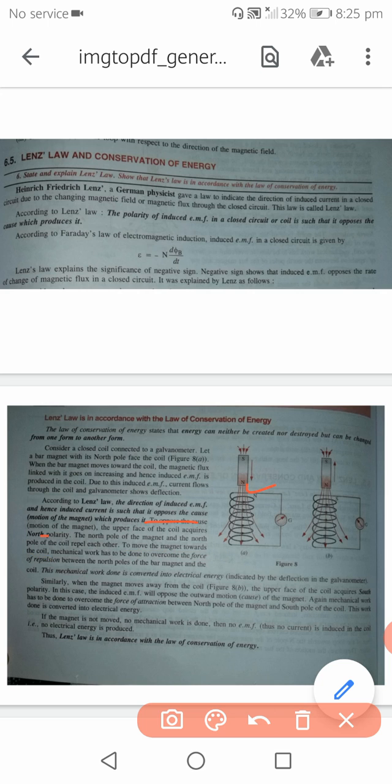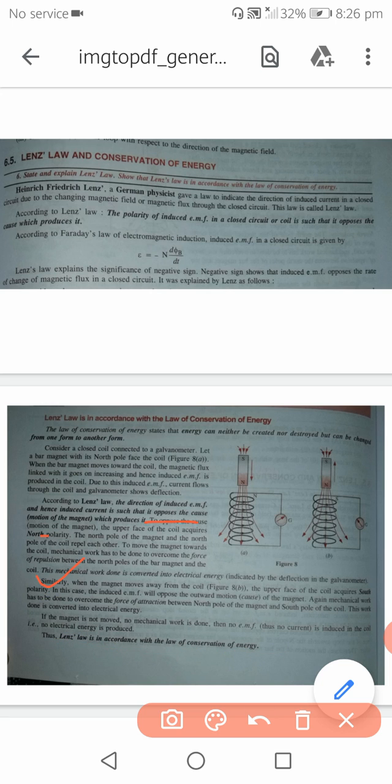Okay, this mechanical work done is converted to electrical energy, indicating the deflection in the galvanometer. So there is the law of conservation of energy. So Lenz's law is in accordance with the conservation of energy.